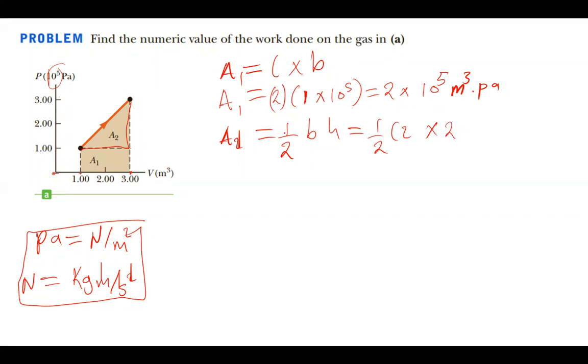Of course, this is a pressure, so it should have 10 to the power 5. These 2 cancel with the half, so area 2 will just be 2 times 10 to the power 5 as well, in joules.